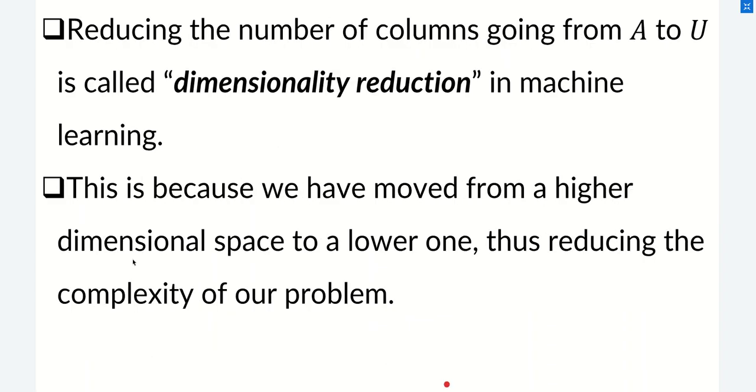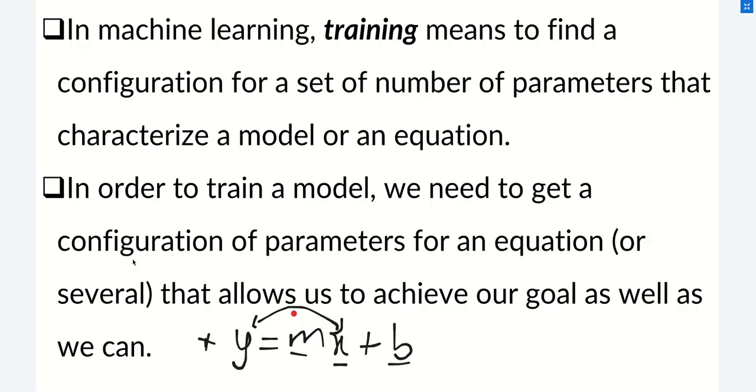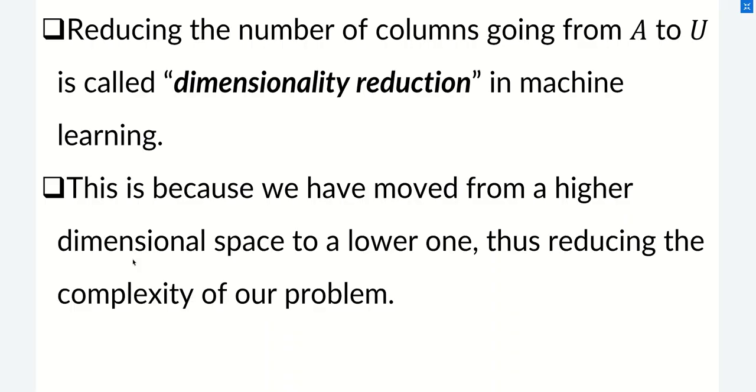Now when you are training, you need to find a way to use fewer of these, we call them features. Now, if you have more features, your model will learn noise. So how do we do it? That is where the dimensionality reduction comes in.